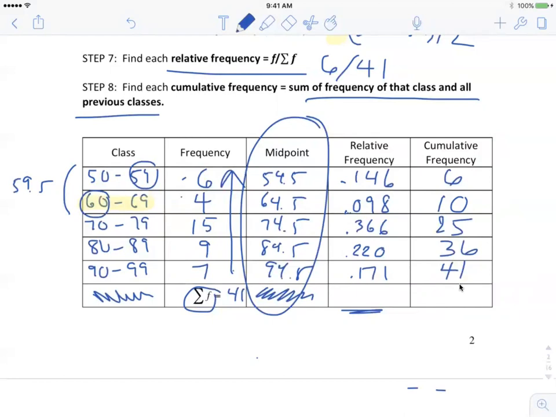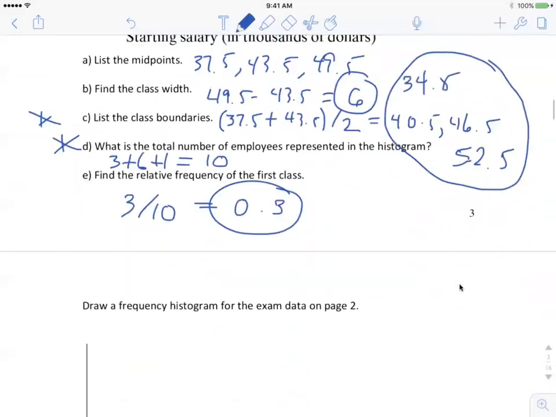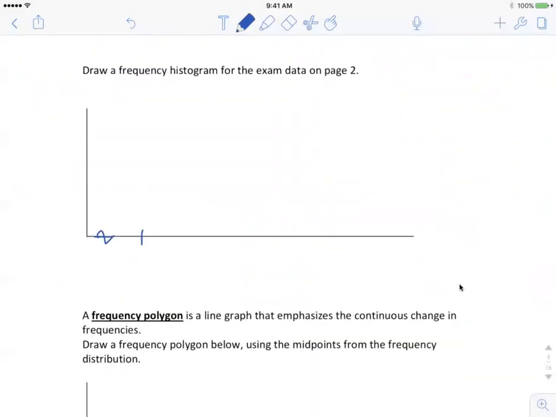Okay, so my first one is 54.5. Right, and then I'm just going to space them out evenly. I know they all differ by 10 because that was the class width. Okay, those are my 5 midpoints.